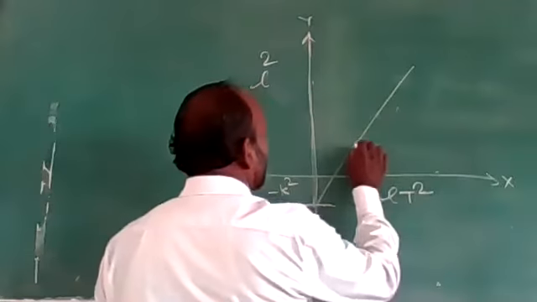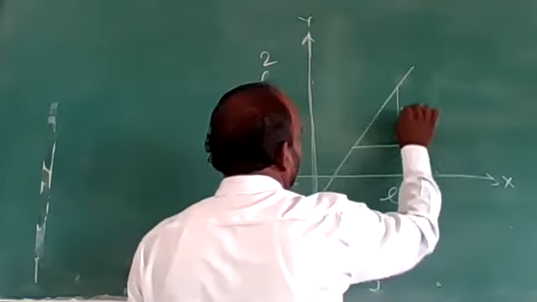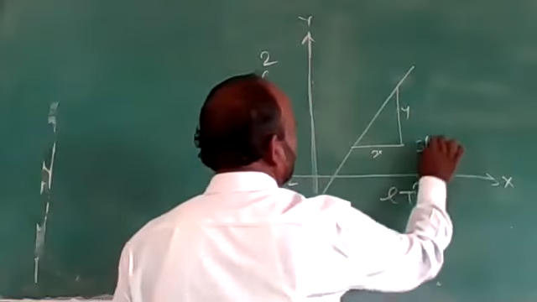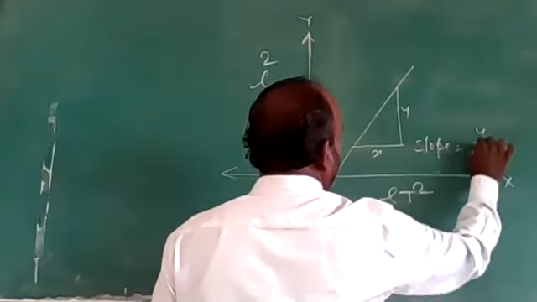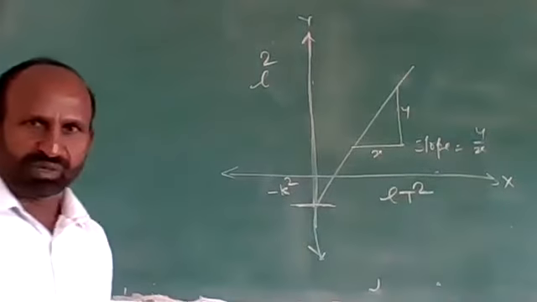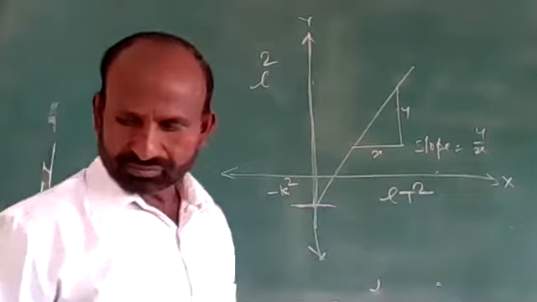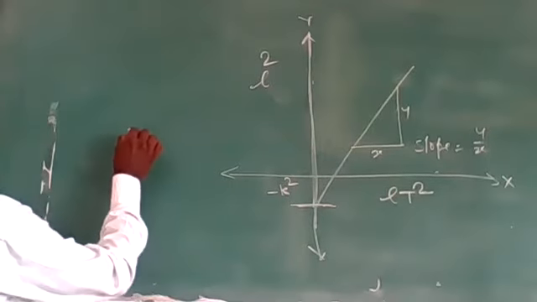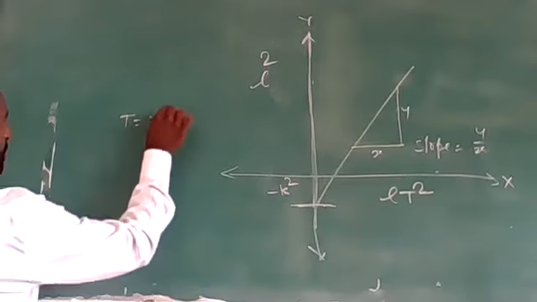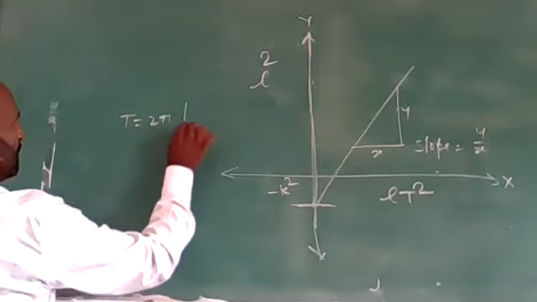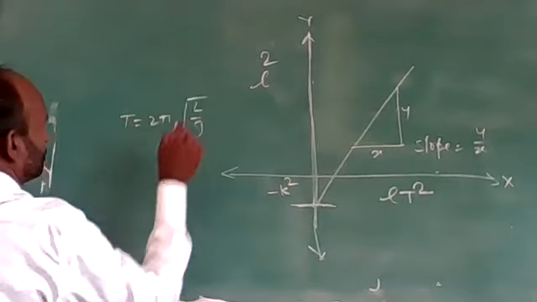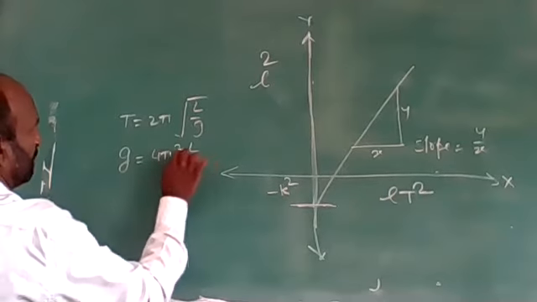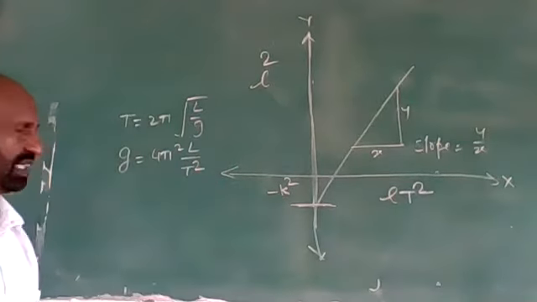Then the slope of this graph, if we plot and obtain the slope, is given by y upon x. From this we have the equation of period, T equals 2 pi root L upon G. From this, G is equal to 4 pi square L upon T square.